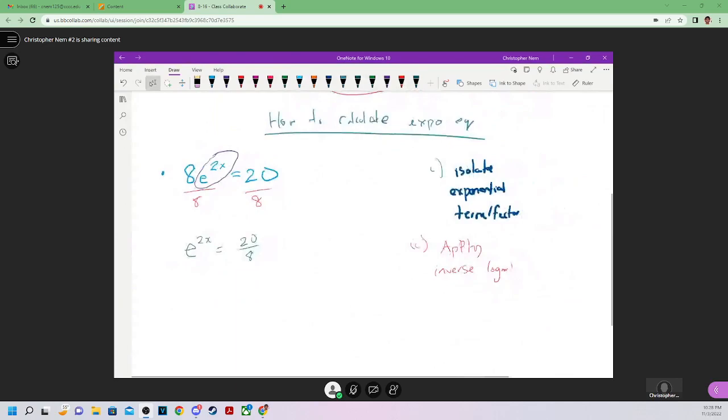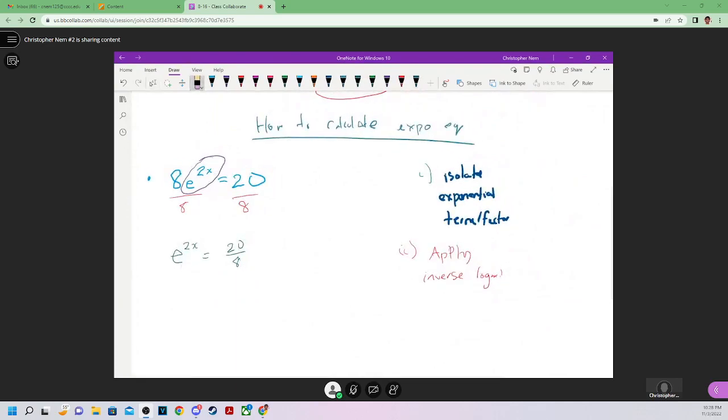to both sides. Now, when I say apply logarithm to both sides, I mean you apply it to every term on the left side and every term on the right side.